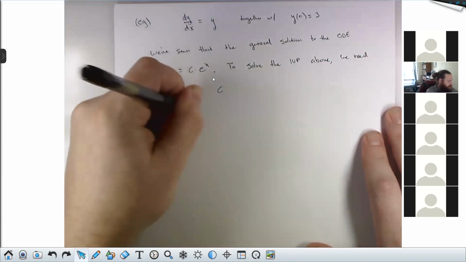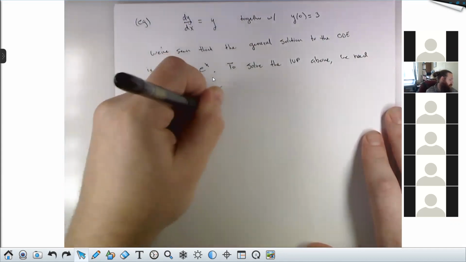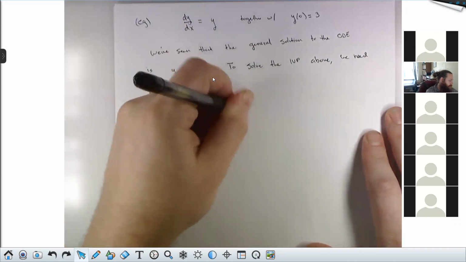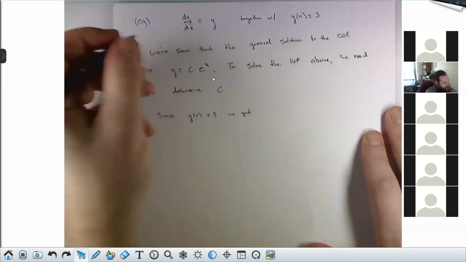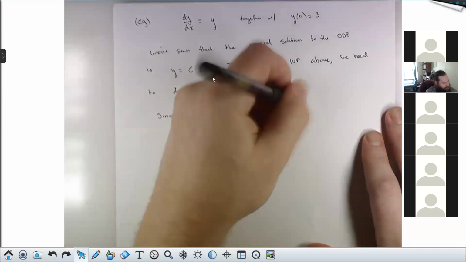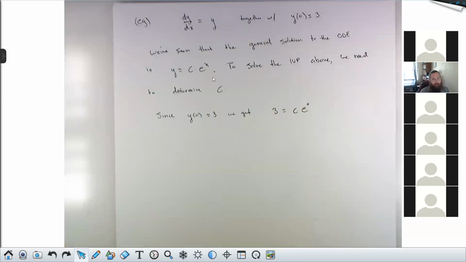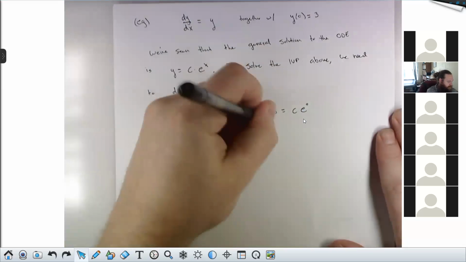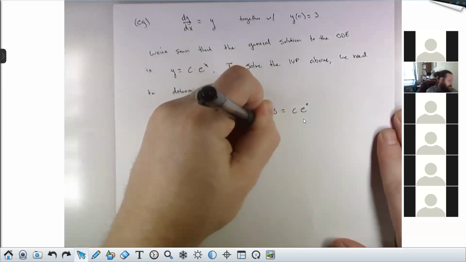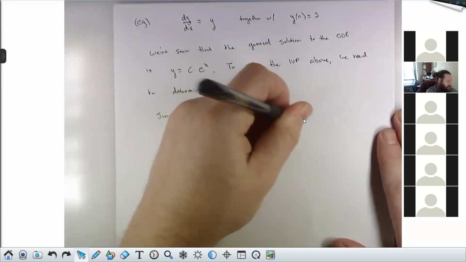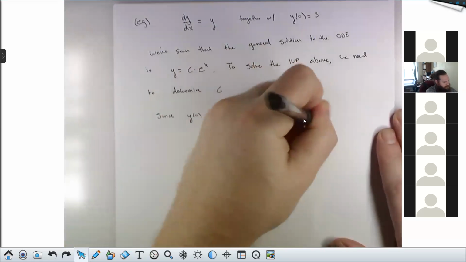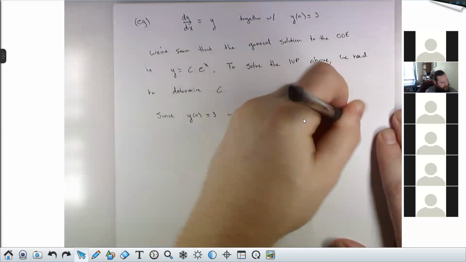Since y of 0 is equal to 3, we get 3 is equal to c times e to the 0. When you plug in x equals 0, your function should be outputting 3. Now e to the 0 is just 1. So c is equal to 3.